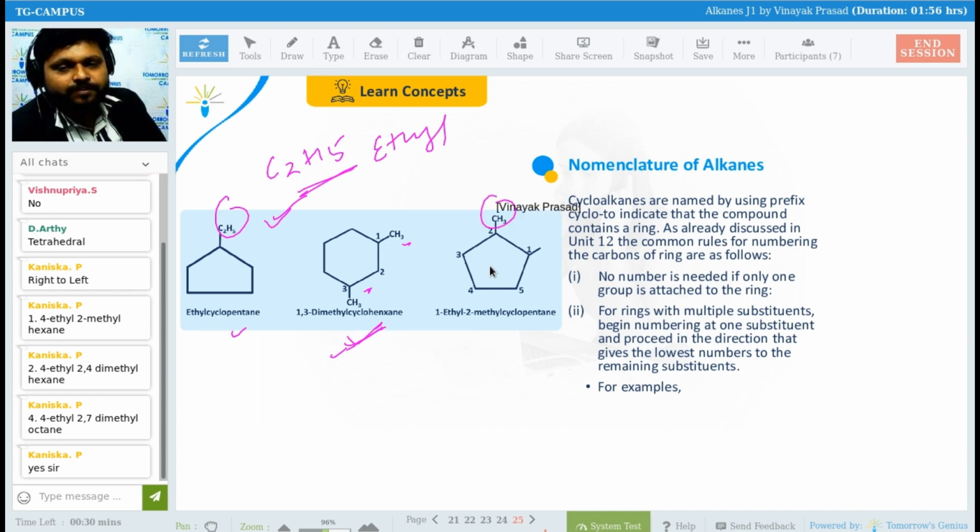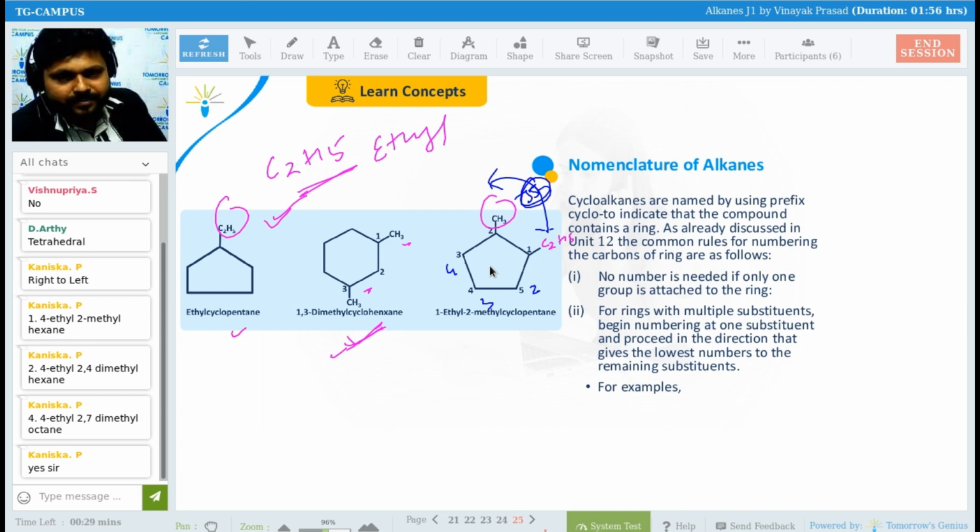Here, suppose this is a CH3 group, and here it is C2H5. So then only the question will be completed: 1 ethyl, 2 methyl cyclopentane. We will not start our counting from the right like this, 1, 2, 3, 4, 5. We have to start in the manner in which we get the first locants for the substituents attached.